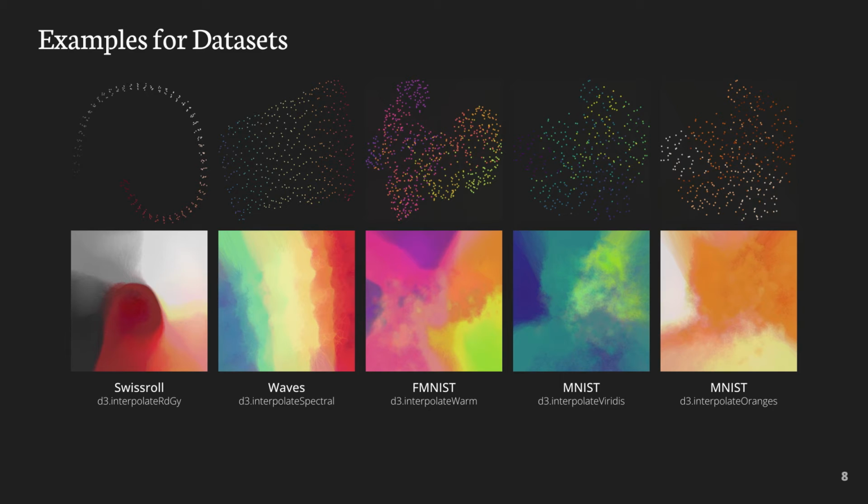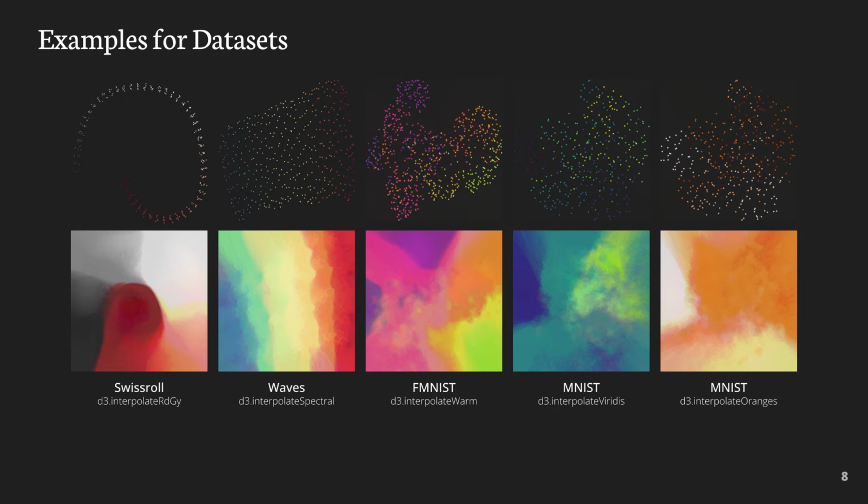The input to the first image is a three-dimensional dataset, the well-known Swiss roll toy dataset. The input to the second image is also a three-dimensional dataset, the waves dataset. Its points lie on a two-dimensional grid but form hills and valleys with the third dimension.